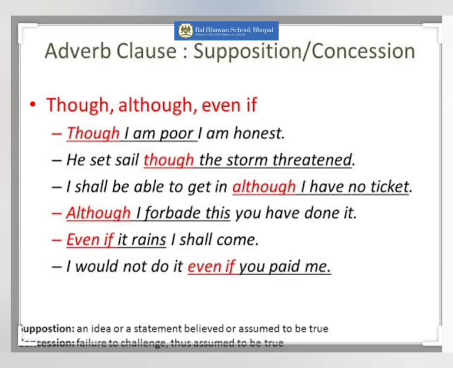It is used to show unexpected actions. The connectors although, though, even though, but, anyway, but still, yet still, however, nevertheless, nonetheless are used to form adverb clauses of supposition. For example, Tom went to work despite not feeling well. I couldn't eat although I was hungry.